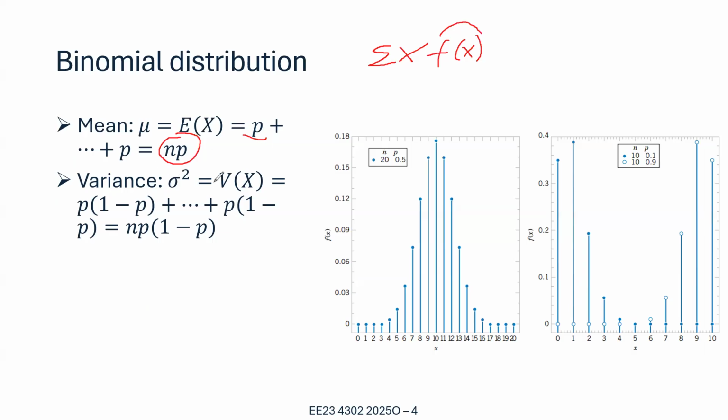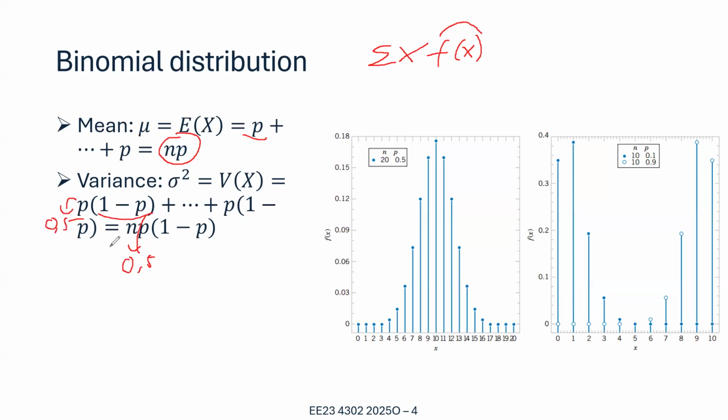And for the variance, we can follow a similar structure. So we have V(X). The variance is also denoted by sigma squared, and here it is p times 1 minus p, plus others, plus p times 1 minus p. So if p is a half and this is a half, we will get more variance.